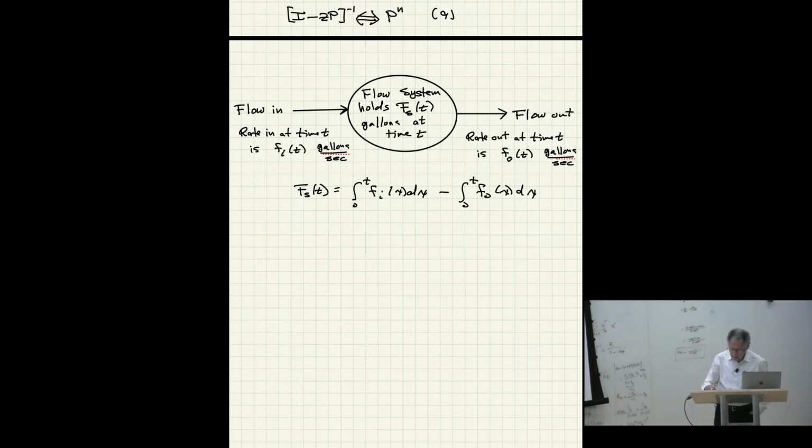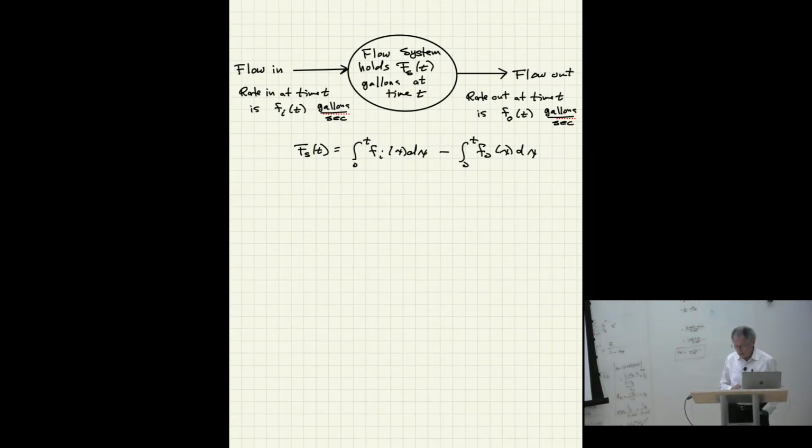I also introduced this rather interesting diagram. It talks about an arbitrary system of flow in which gallons of water are flowing into the system, coming in at a rate of f sub I gallons per second. And it exits at a rate f sub 0 gallons per second at time t.